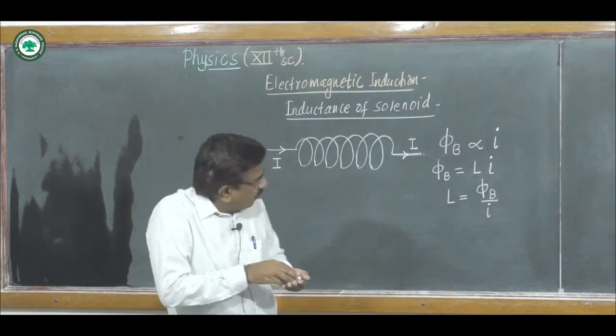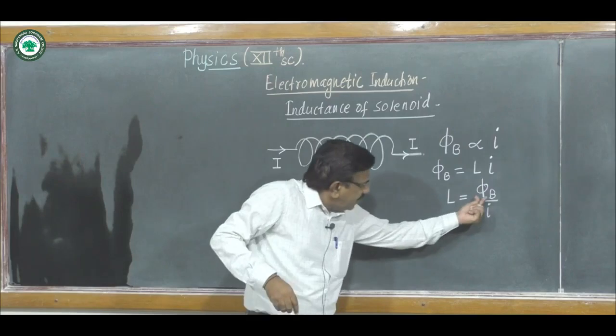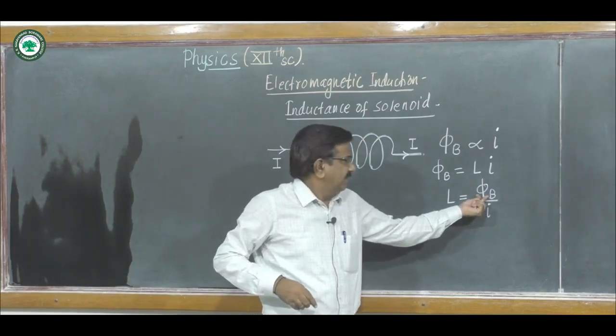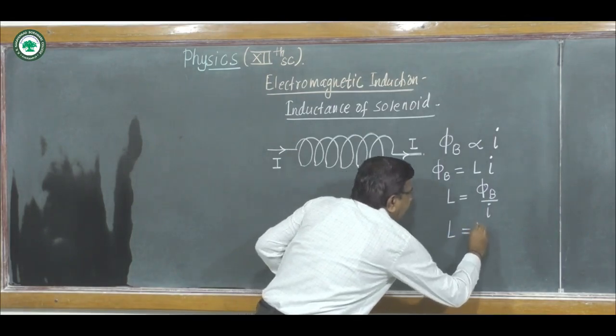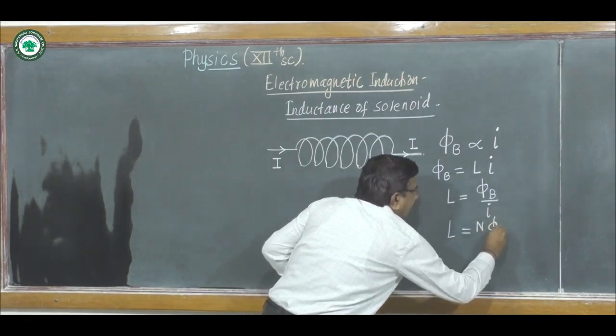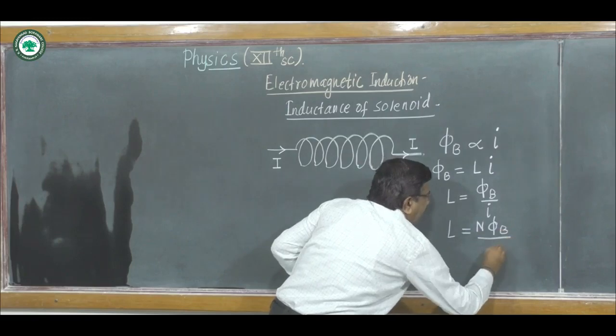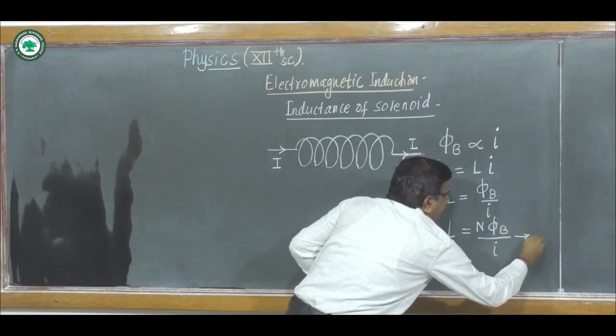For N turns of the coil, we simply multiply here by capital N. So this L will be N phi B upon I. Suppose this is our equation 1.